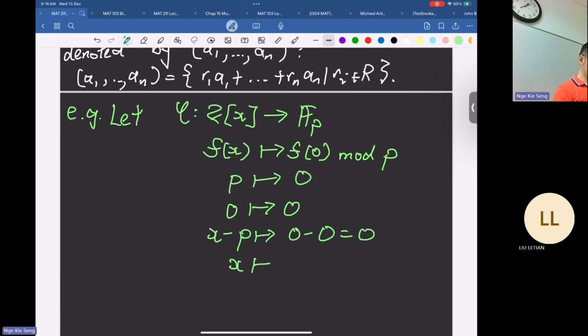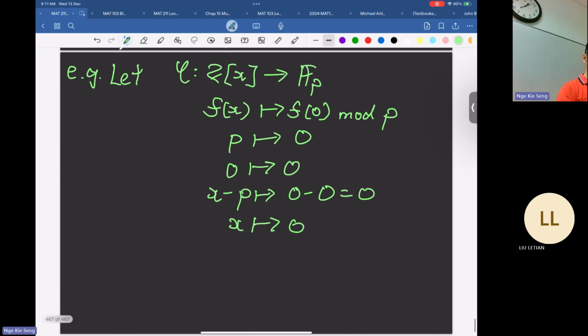So x should go to 0. The simplest things are x and p, and linear combinations of them. Is it true? X minus p in particular is a linear combination of x and p, right?